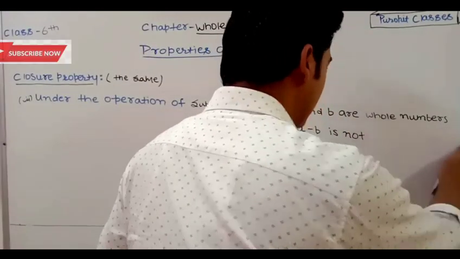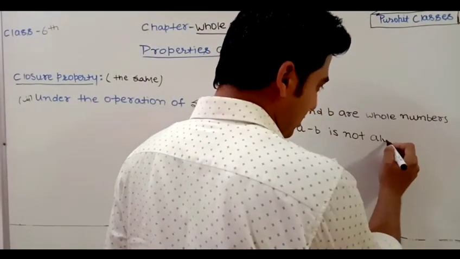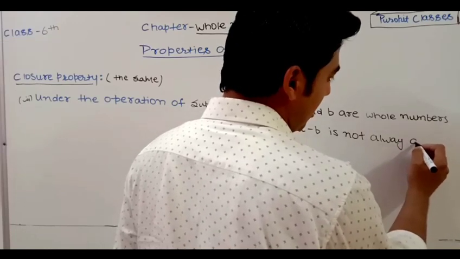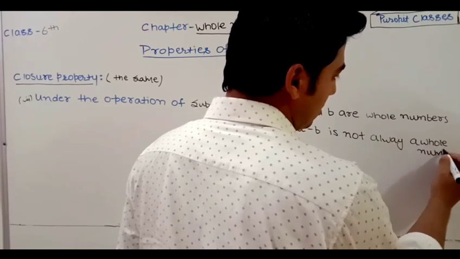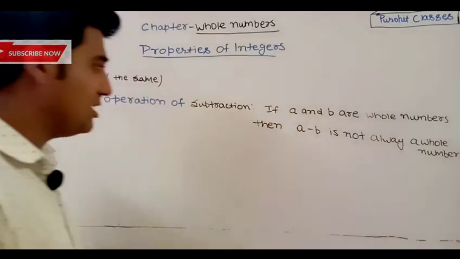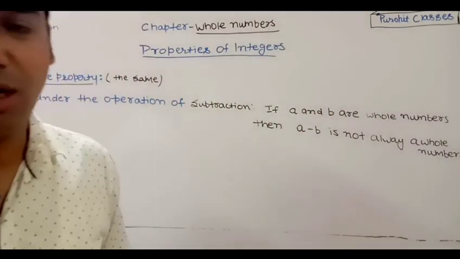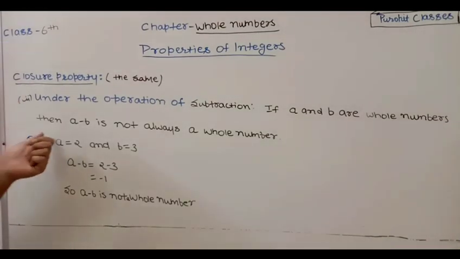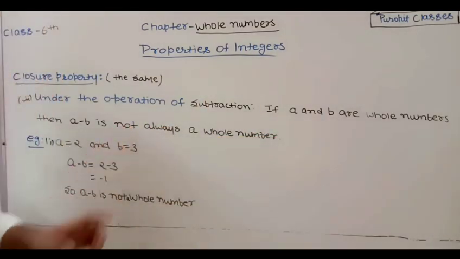So this is our statement. What we are saying is that if a and b are whole numbers, then a minus b is not always a whole number. Understood? It may be or may not be.